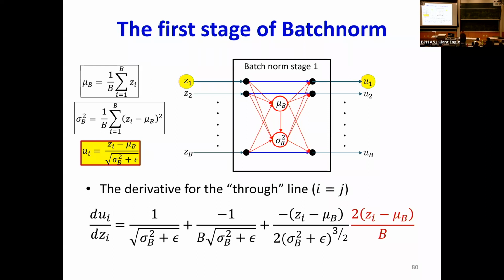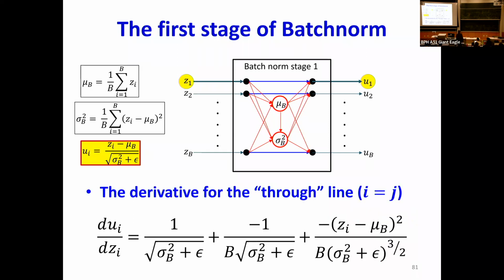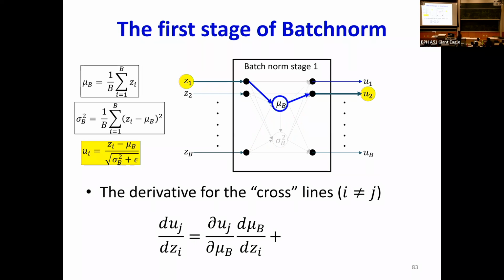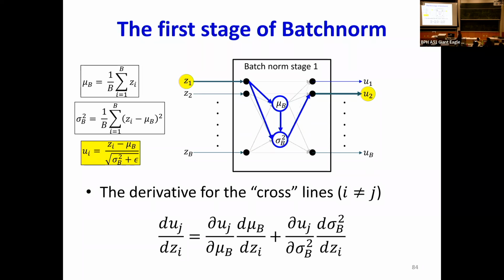How perturbing a z influences the corresponding u. You want to do the same arithmetic for the cross term as well. So for the cross term, this is the derivative for the through line. For the cross term, I want to look at this, right? And for this, it turns out I only have this one dependency: derivative of u with respect to mu times derivative of mu with respect to z, and this term, derivative of u with respect to sigma squared times derivative of sigma squared with respect to z.